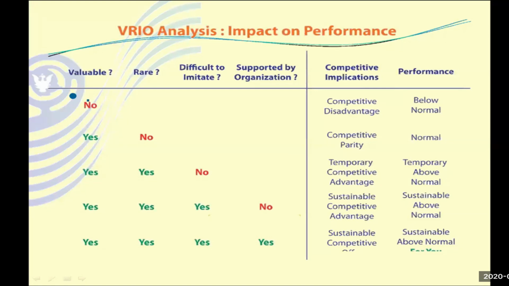It should be free flowing. If you are looking at valuable, you need to check. You have a car or a truck. Is that truck valuable? Yes or no? Is it easy to get? Is it easy to imitate? Does it support the organization, or is it supported by the organization? That's how you do the analysis to make it easy. So can I try?